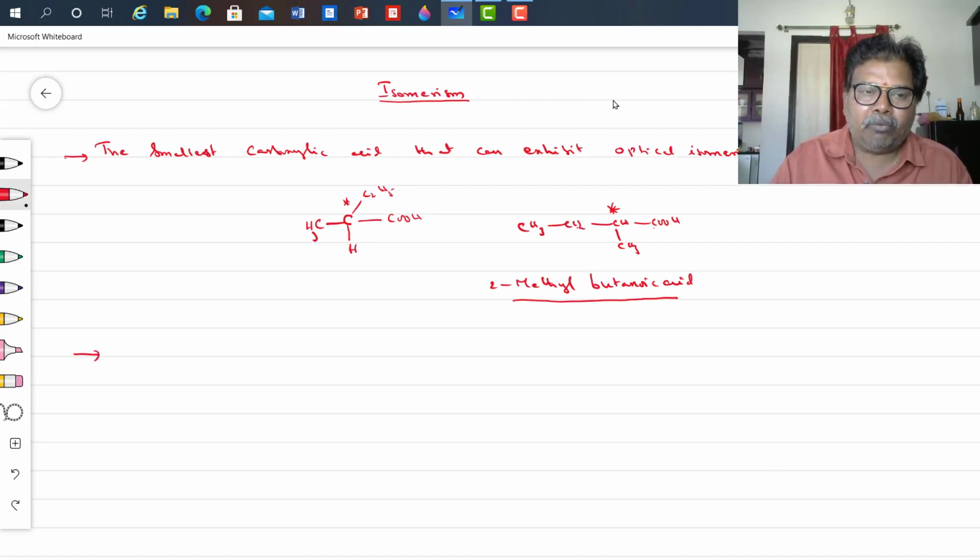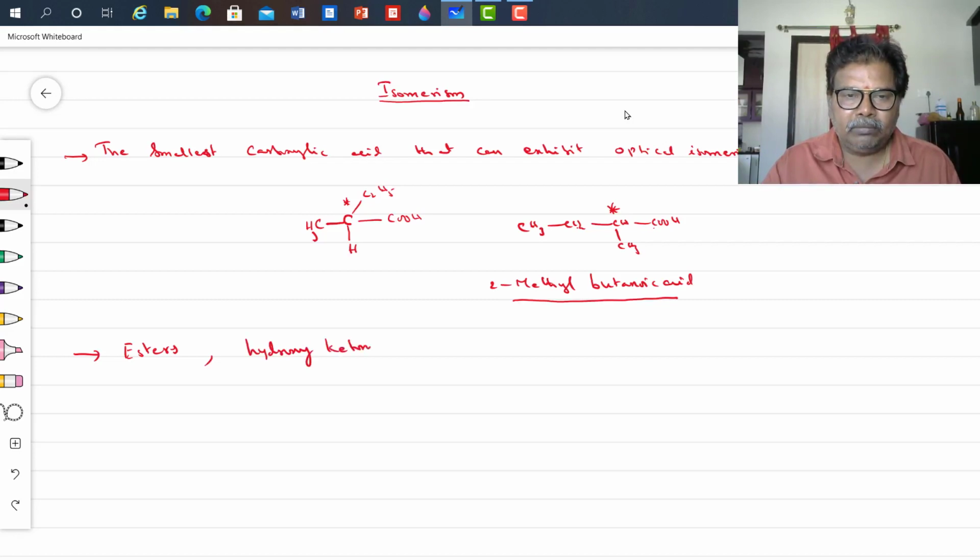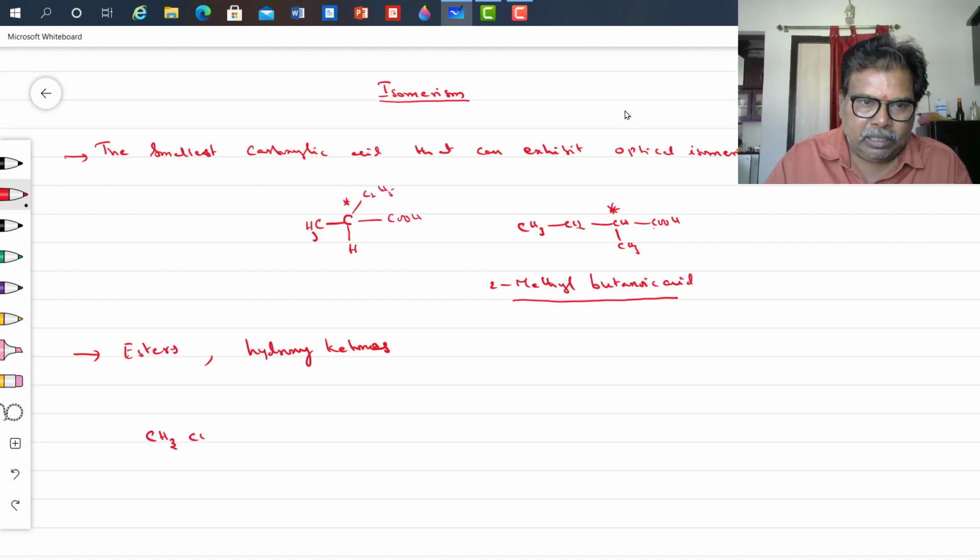Carboxylic acids are functional isomers of esters and hydroxy ketones. See, for example, CH3, CH2, CH2, COOH.